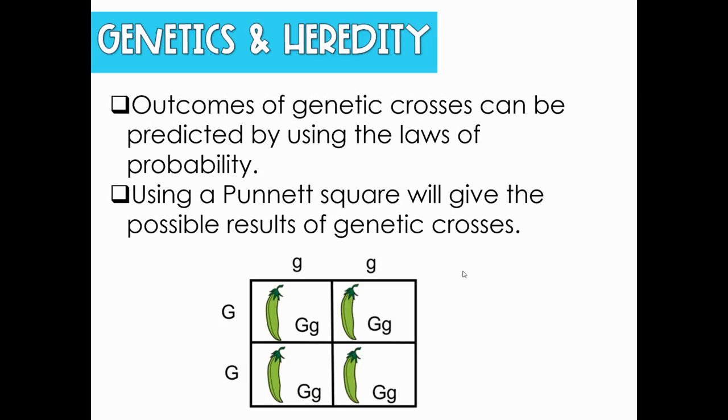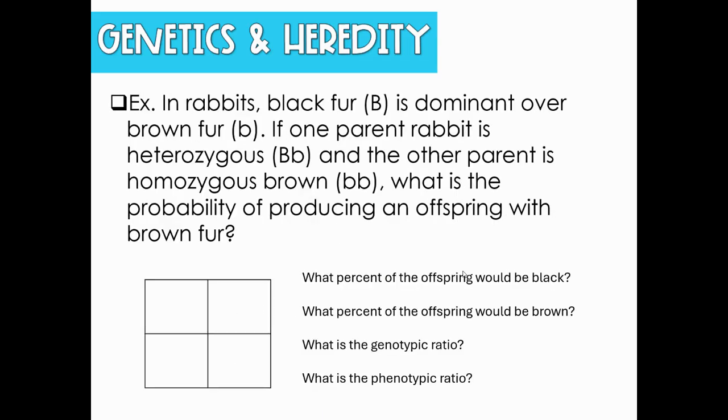Now, the outcomes of genetic crosses can be predicted by using laws of probability, and Punnett squares give us those possible results. So let's take a look at an example, just in case you may have forgotten or it's been a while since we've done a Punnett square. Let's do a simple Punnett square just to remember how it works.